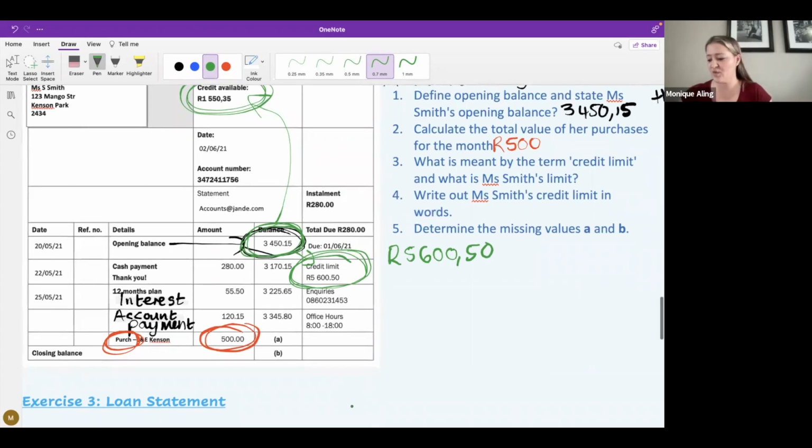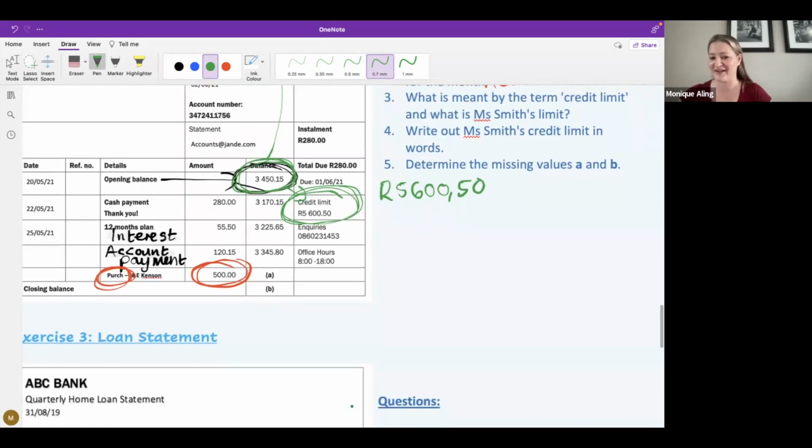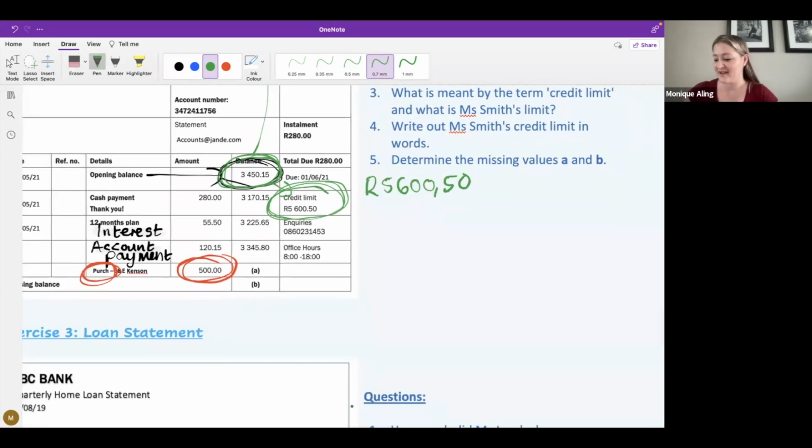Okay, so I'm going to show you what this number should look like in words. So it is 5,600 rand. You need to include the rand part.